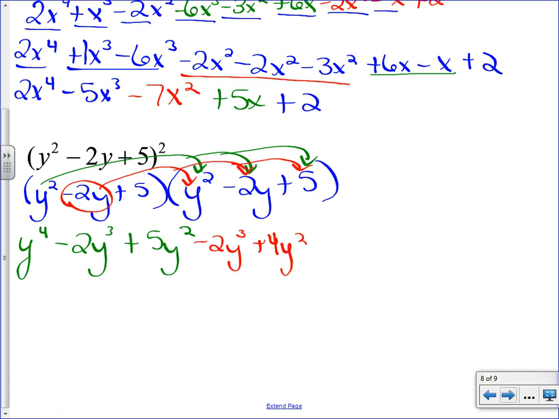And then minus 2y times positive 5. Good. The last one I have to do, Rob, is what? Good, I multiply that in, positive 5y squared. Keep going. Good, multiply that, negative 10y. Beautiful.